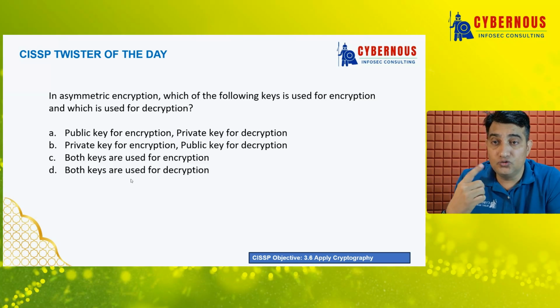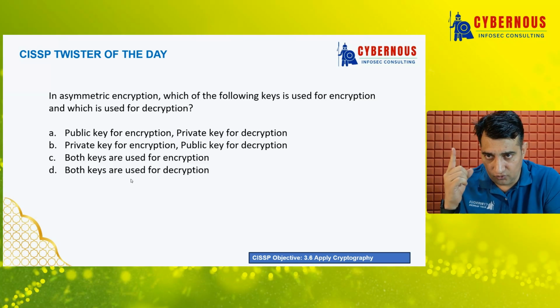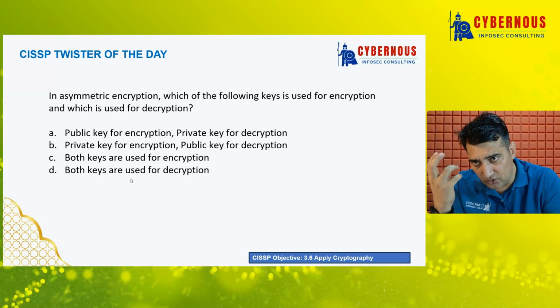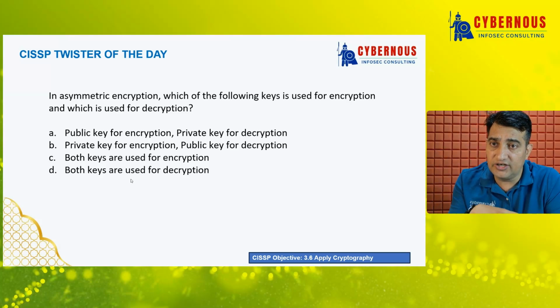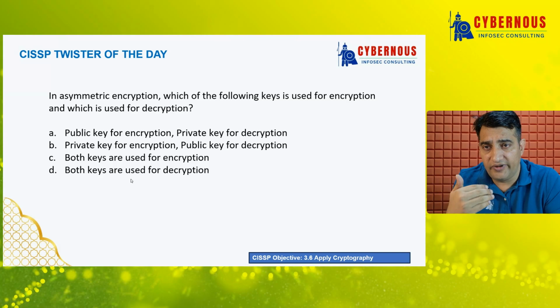I have to use your public key, and I will use PKI to draw that public key, or maybe a digital certificate to draw that public key, use it for encrypting the key and send it across to you. So very much right. And then when the message reaches the other end, you will be using your own private key to decrypt that particular message. So very much in line with the question, option A.